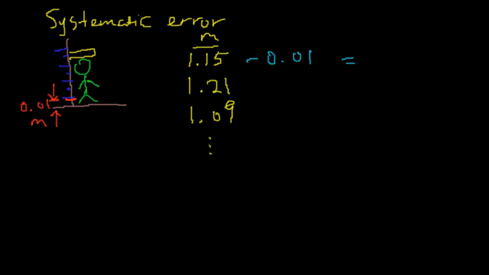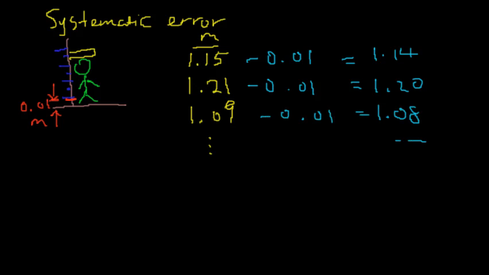Right? If I subtract 0.01 from this one, I get 1.14, and then subtract 0.01 from that one, I'll get 1.20, and then from that one I'll get 1.08, and then I will get the correct values. So that's systematic error.